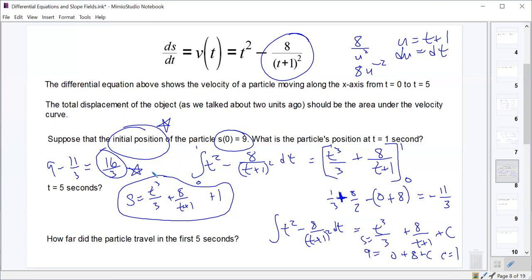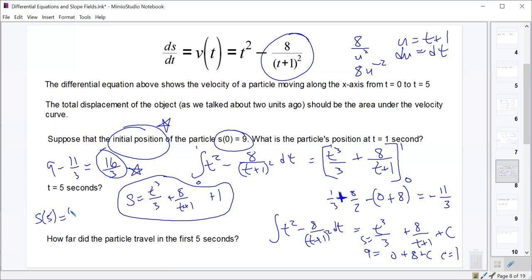Yeah, good. All right, so where is this particle at t equals 5? We should be able to use this position function that we got. Having the function itself is very convenient because then I can evaluate at any value that I wish. So s of 5 should be what?